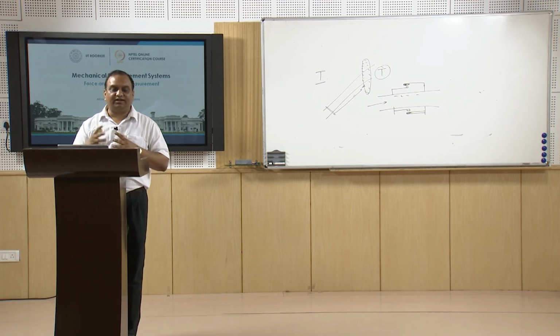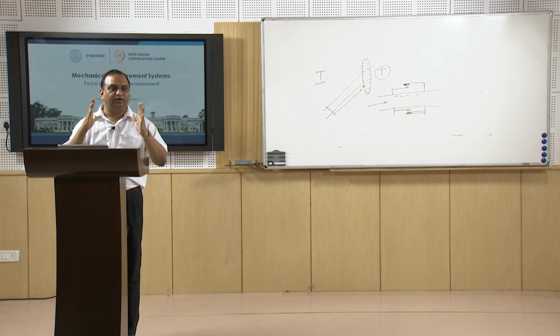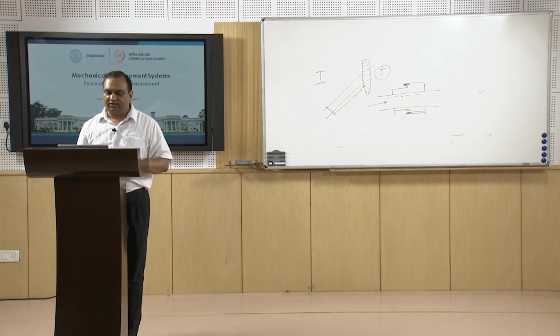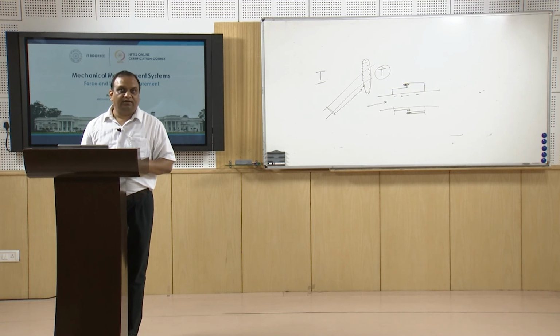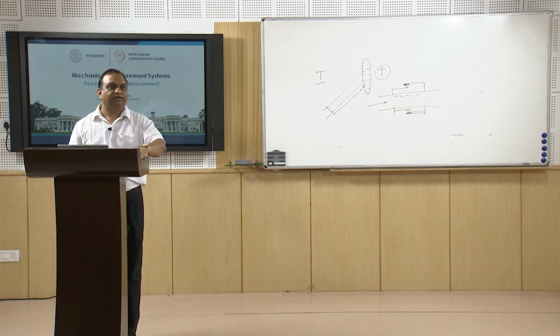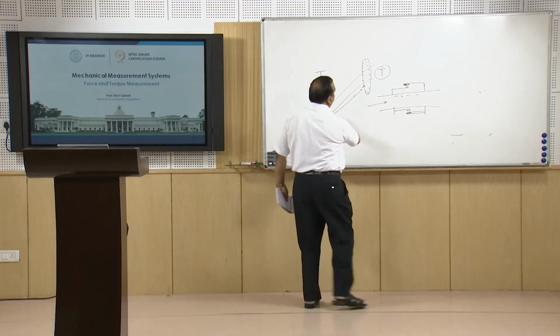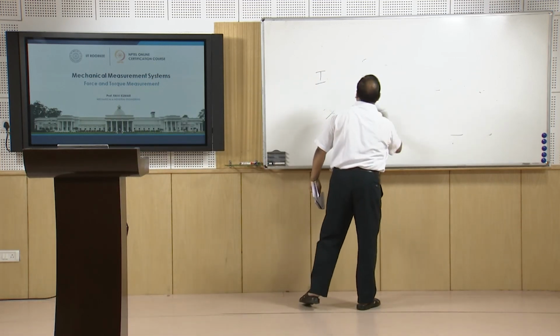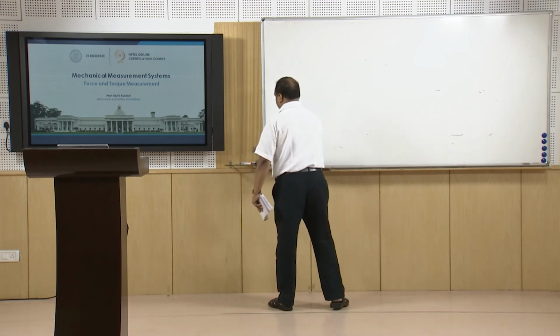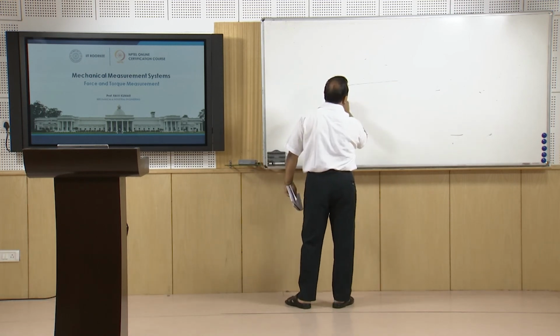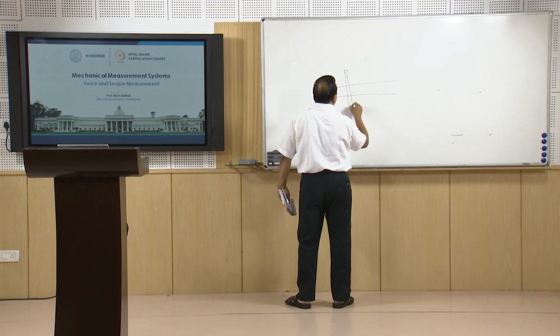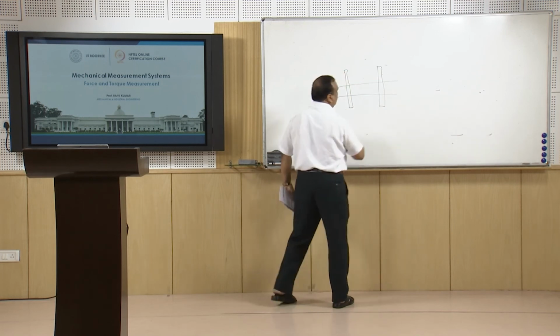For electrical torsion measurement, there are two discs and there are two transducers. In fact, there are two magnetic discs or slotted discs fixed on the shaft, right?